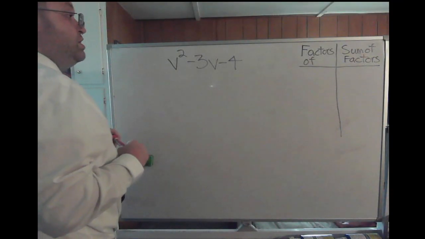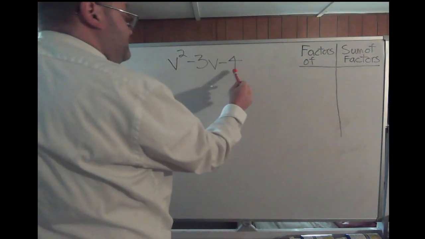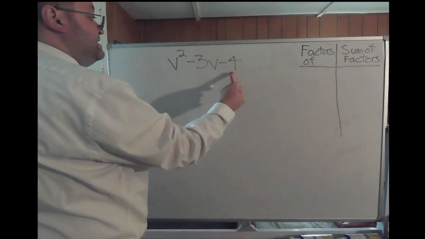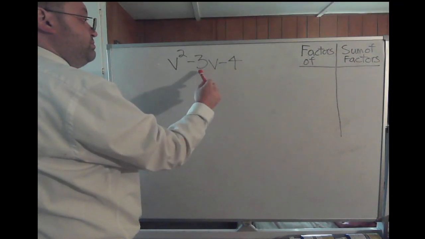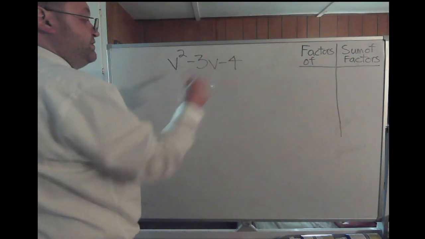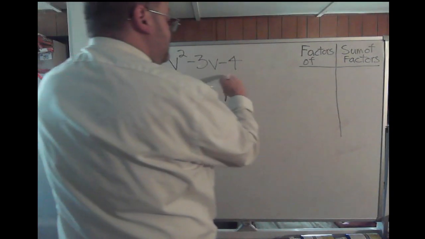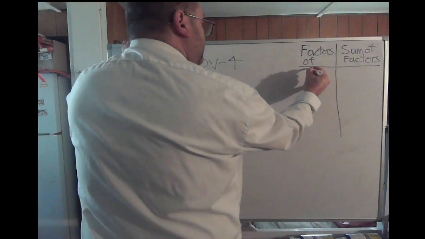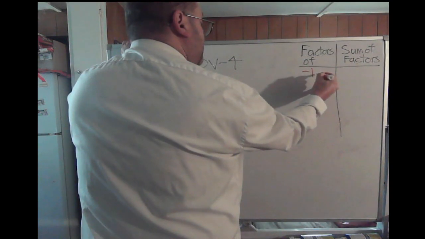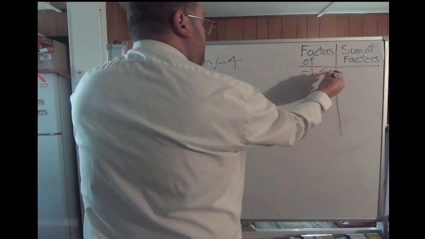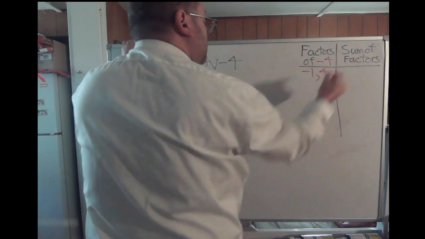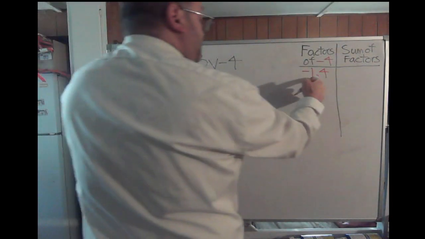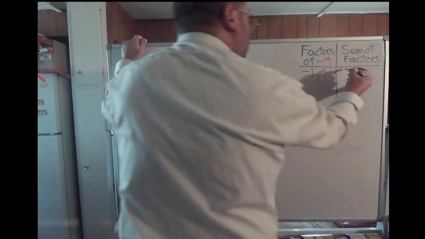But so we need to find factors of negative 4 that when added together give you negative 3 for the middle coefficient on the v to the first term. So factors of negative 4, let's see, you could have negative 1 and 4. Well, if you add negative 1 and 4 together, you get positive 3.